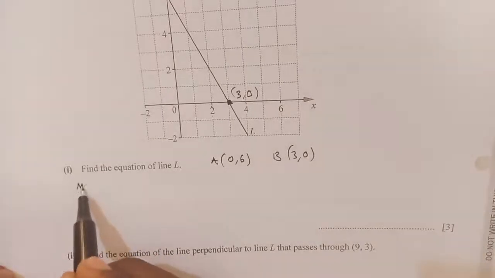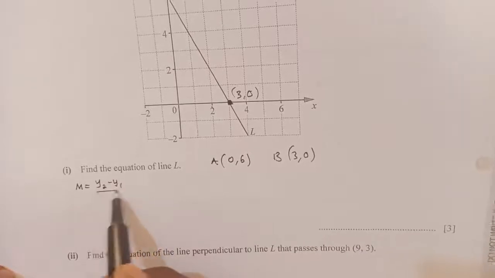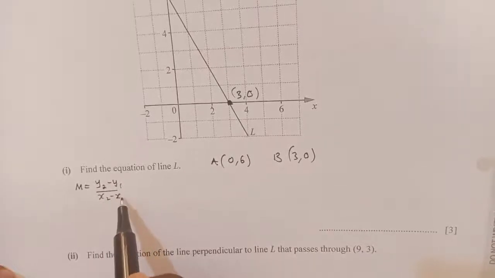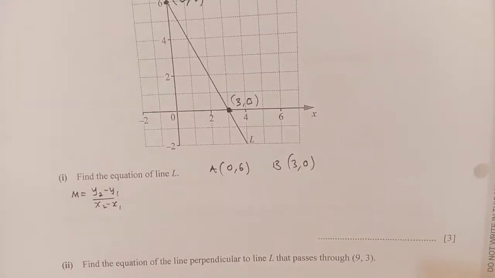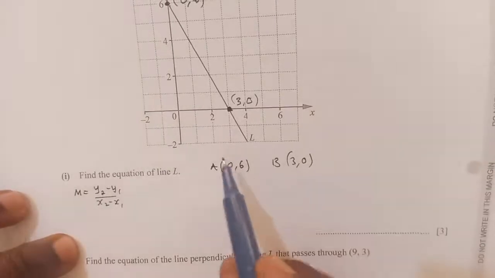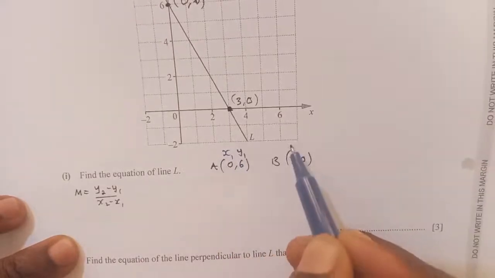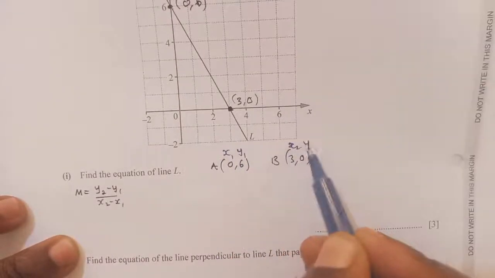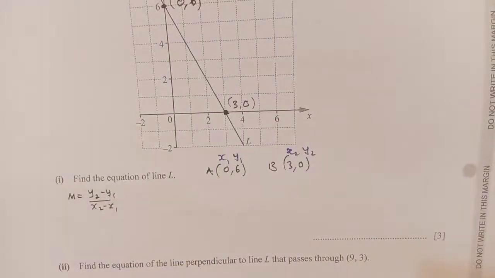We use the formula m is equal to y sub 2 minus y sub 1 over x sub 2 minus x sub 1. So we can put this as our x sub 1 and y sub 1, and this x sub 2, y sub 2. So we can plug them into our formula.